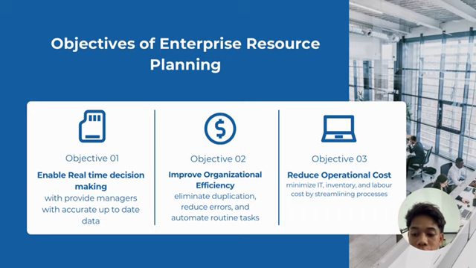First is to enable real-time decision making, which provides managers and the board of directors with accurate, up-to-date data. Second is to improve organization efficiency, eliminating duplication, reducing errors and automating routine tasks. Last but not least is to reduce operational costs, minimizing IT, inventory and labor costs by streamlining processes.